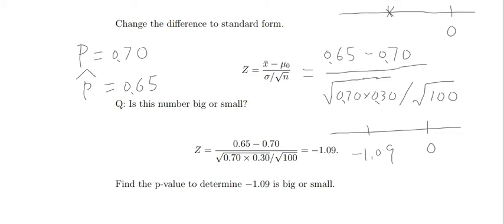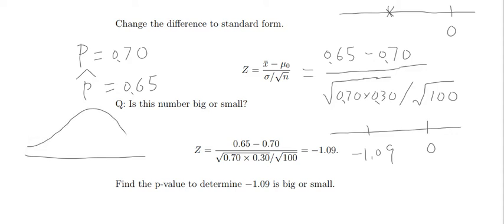So we want to determine whether the difference is big or small. We have two ways. One way is to use the p-value. What is the p-value? For this z value, we need to check the z table.